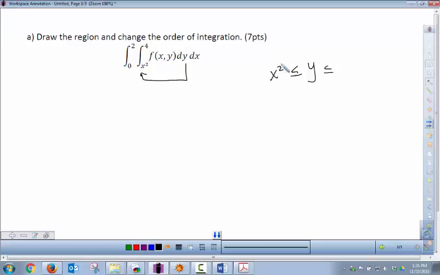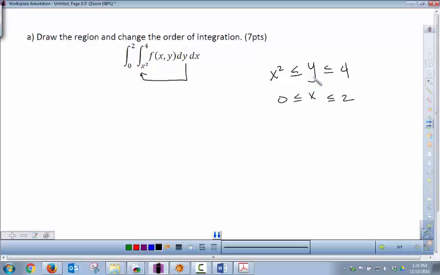And thinking ahead, this is a vertical line. I'm looking at the lower limit going vertically, and the upper limit is 4. So I'm going from the parabola to 4. And then my x goes from 0 to 2.